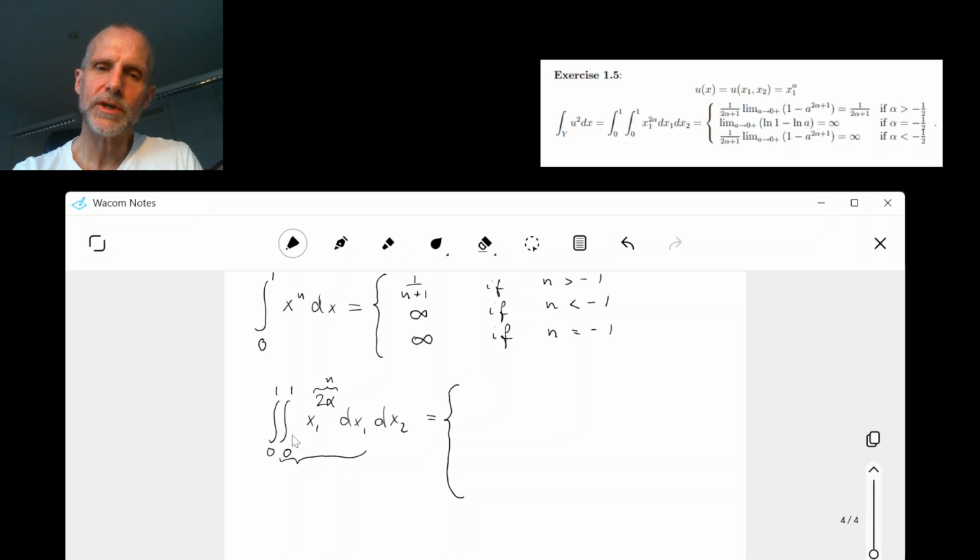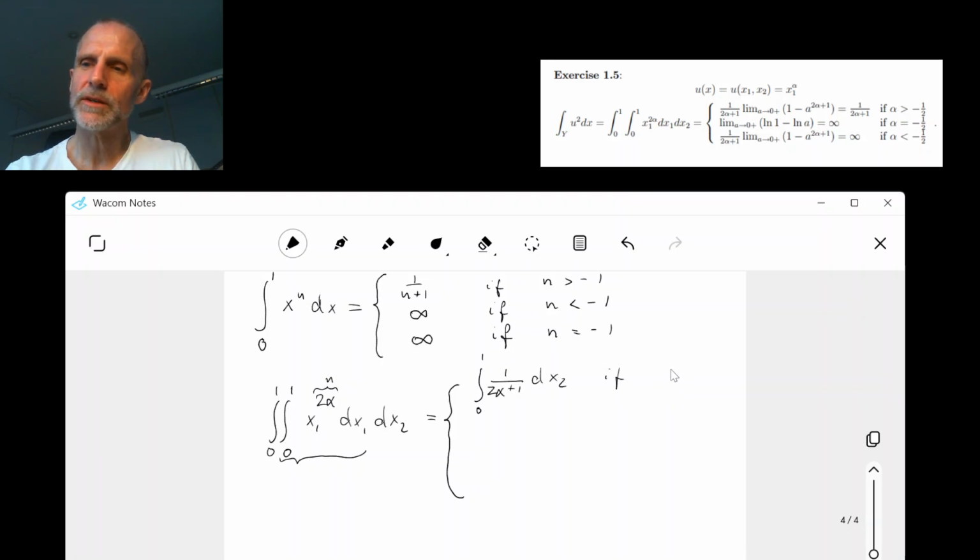We can now compute the inner integral, and it's going to be a constant, but well, let me write. I'm computing the inner integral. Here is just 1 over n plus 1 dx2. And I can insert, instead of writing n, 2 alpha instead.